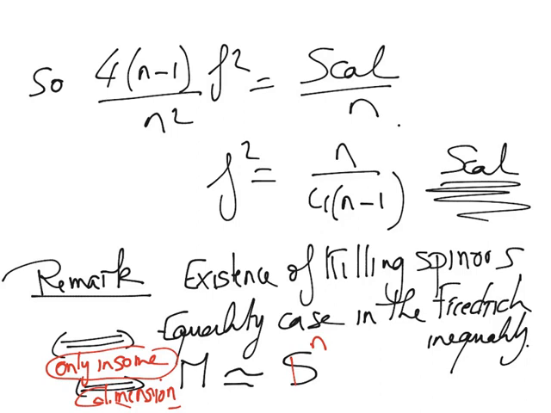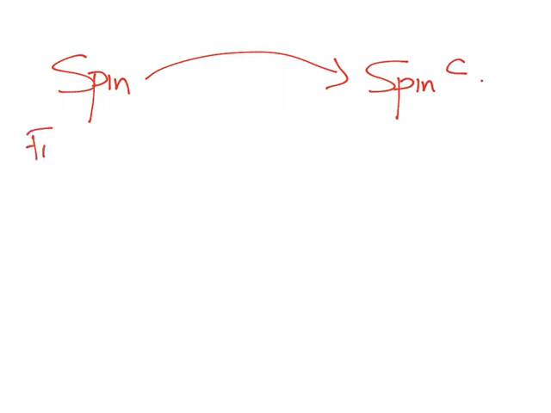Maybe now you are asking what will happen if I move from spin to spin C. So what will happen with the Friedrich inequality?